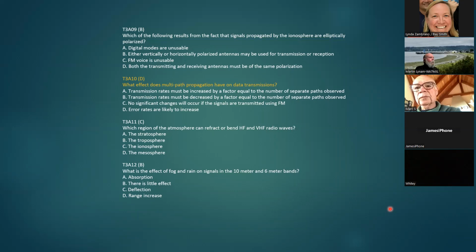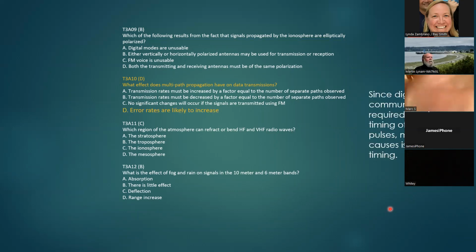A10, what effect does multipath propagation have on data transmissions? Since data transmissions are transmissions of tones very, very fast, when you have a multipath transmission, there can be some variations in the timing of the pulses.